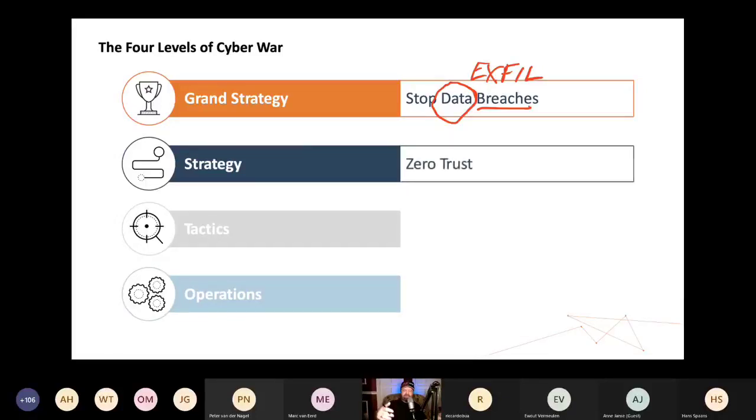And then we have strategy. Zero Trust is actually the world's only cybersecurity strategy. If you want to be strategic in cybersecurity, you must adopt Zero Trust. You have no other choice, because no one else has ever come out with any strategic vision around cybersecurity. It's all tactical. So then we have tactics, tools, and techniques. Those things are going to change over time. We are always trying to use the best tools and techniques in Zero Trust.